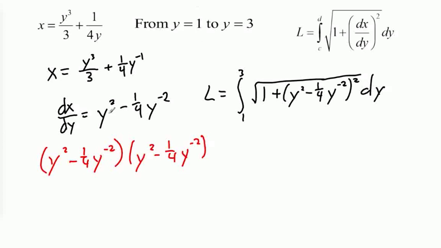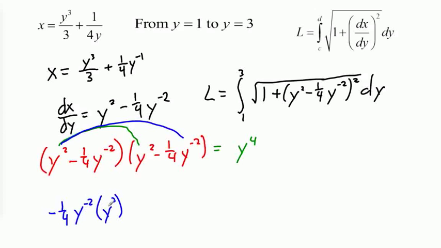So I get this times this, which is y to the 4th. Then I get this times this, which is negative 1/4 y to the negative 2 multiplied by y squared. I add the exponents: y to the negative 2 plus 2 is y to the 0, so this is just negative 1/4.